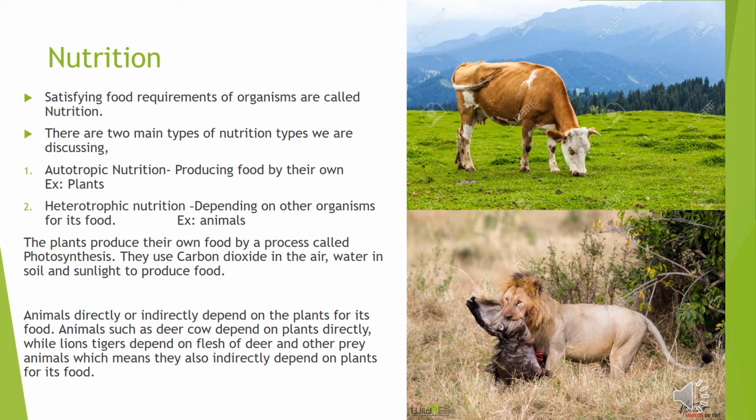Okay, and the plants produce their own food by a process called photosynthesis. For this photosynthesis, they need carbon dioxide in the air, water in the soil and the sunlight. And animals directly or indirectly depend on the plants for their food.